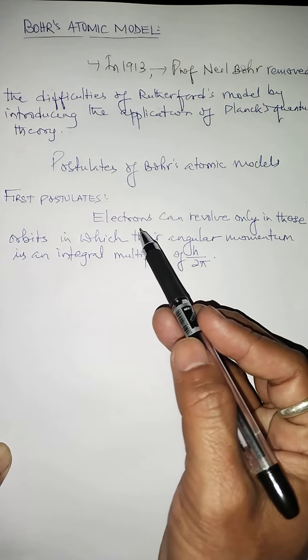Now children, in this relation, h is a constant called Planck's constant.